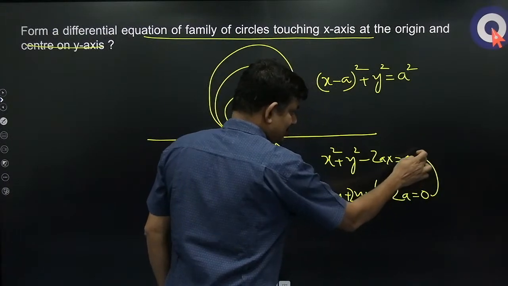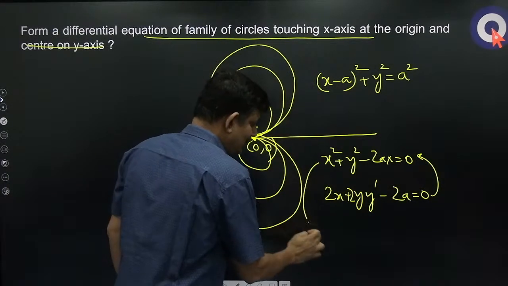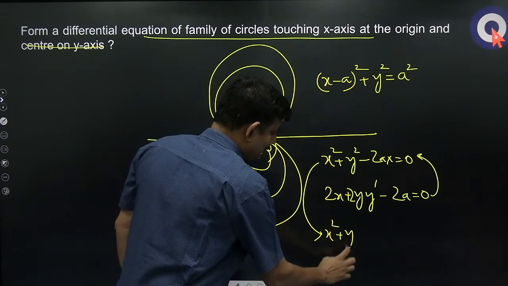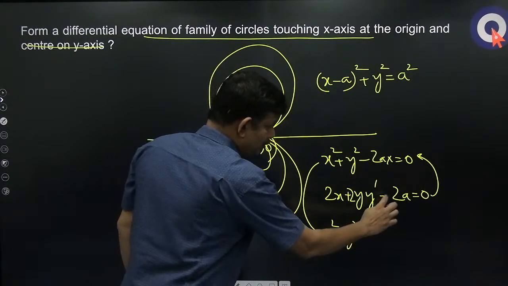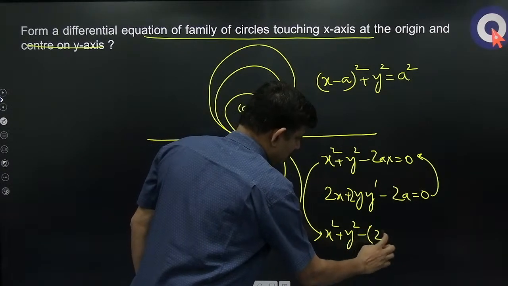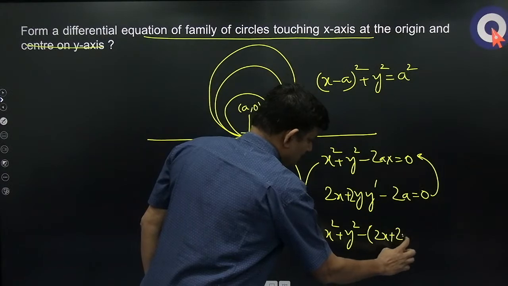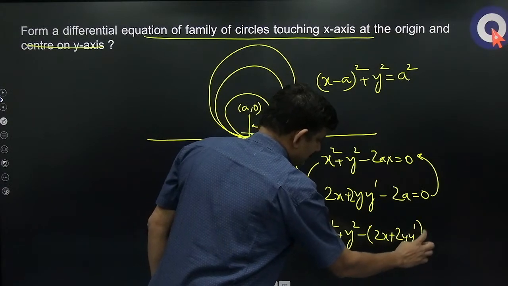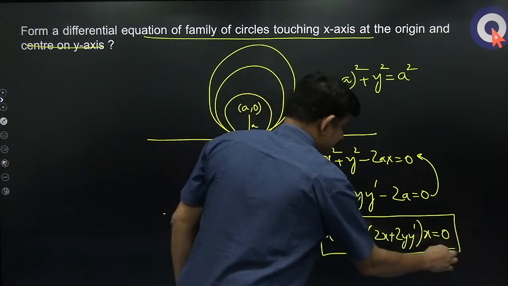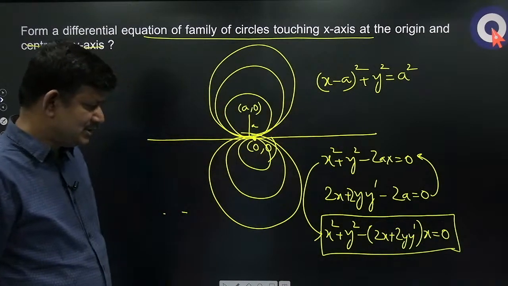From this you put the value of 2a here. What will be the differential equation? x squared plus y squared minus 2a y, with 2a substituted, equals 0. This will be your differential equation.